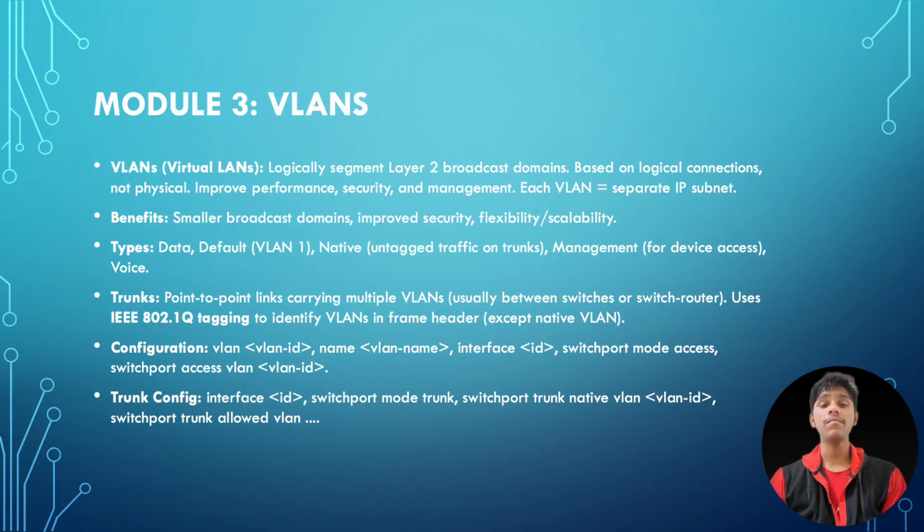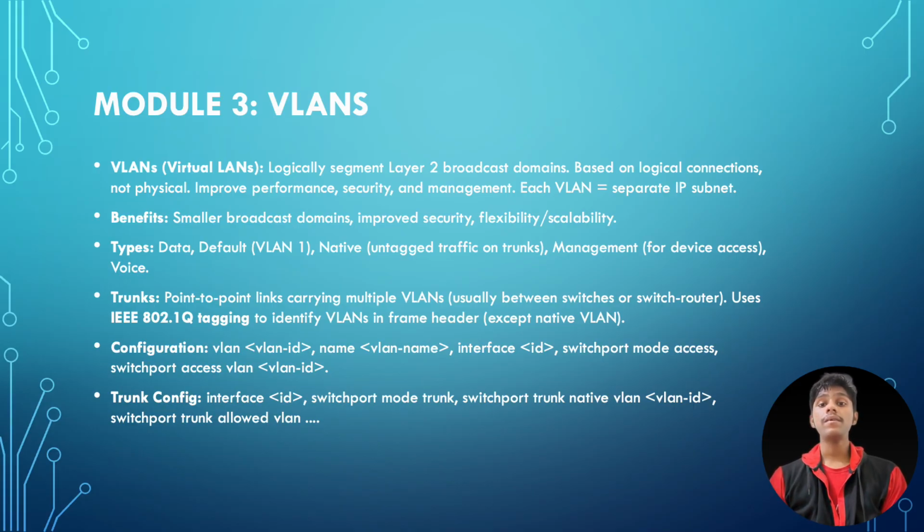This is great for performance, with smaller broadcast domains, and also for security, like isolating groups like HR from engineering, and general network flexibility. Each VLAN usually corresponds to a unique IP subnet. Also, we discuss different VLAN types like data, voice, management, and the default VLAN 1.